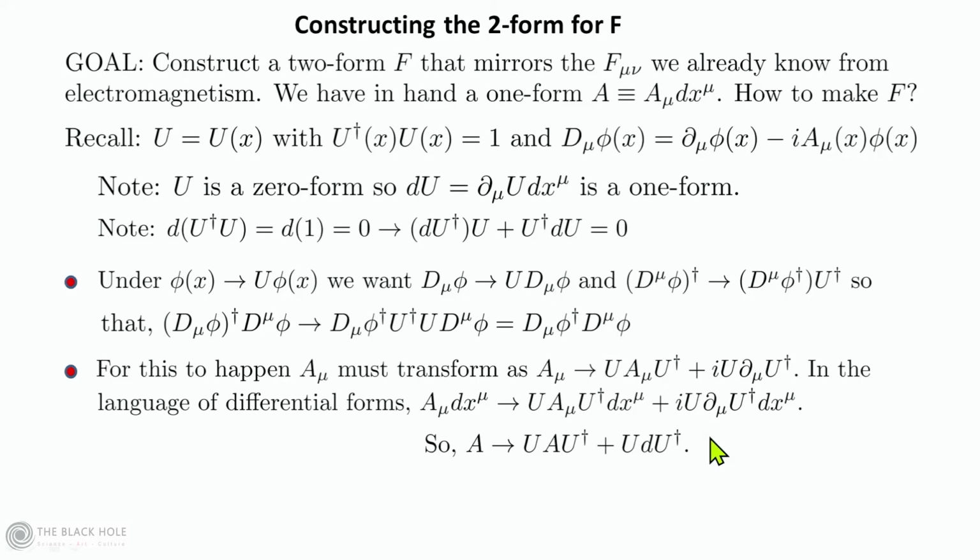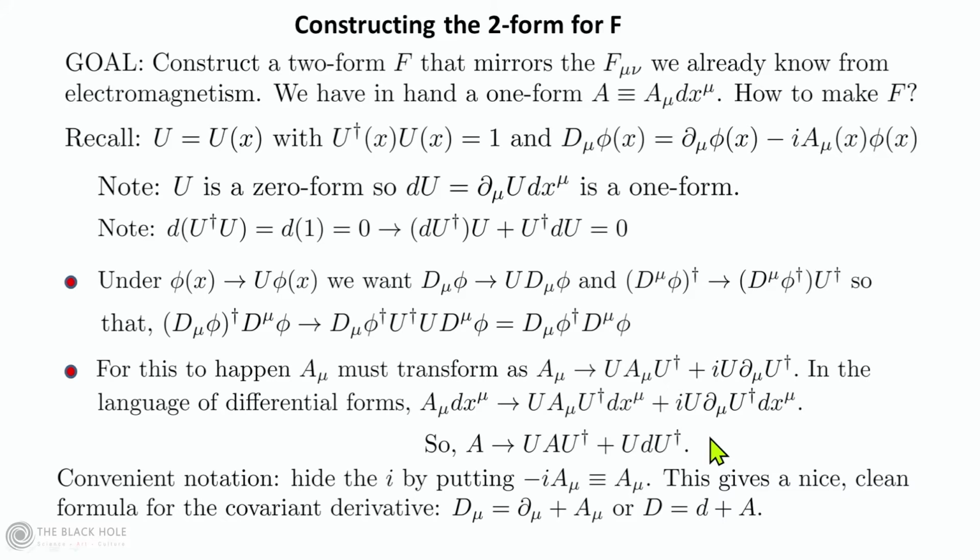So A has gone into this. Now you see there was an i over here, iota. And the way it is done, people like Polyakov and Witten and all these people, what they do is they define a new gauge potential, A mu. They hide the i by putting it in the new A mu.